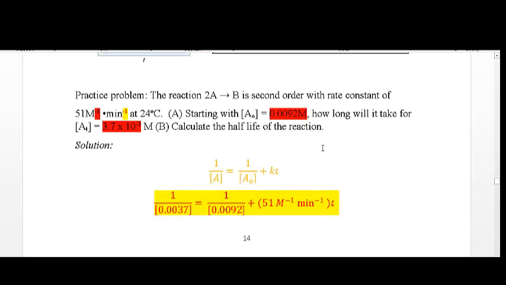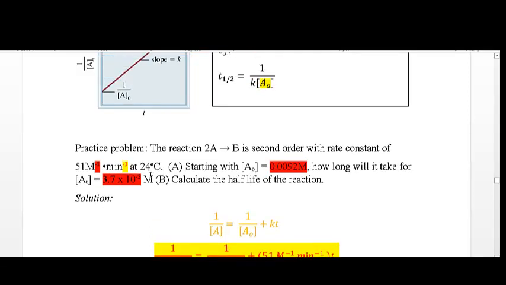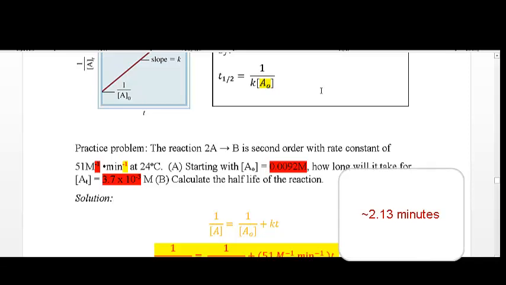If you want to calculate the half-life of the reaction, part B of this, you're going to take 1 divided by the rate constant K times the initial concentration. The initial concentration is 0.0092. So when I plugged in the half-life here, 1 over K, substituting that value for K, times A0, substituting that value for A0, the initial concentration of A, I got an answer of about 2.13 minutes.